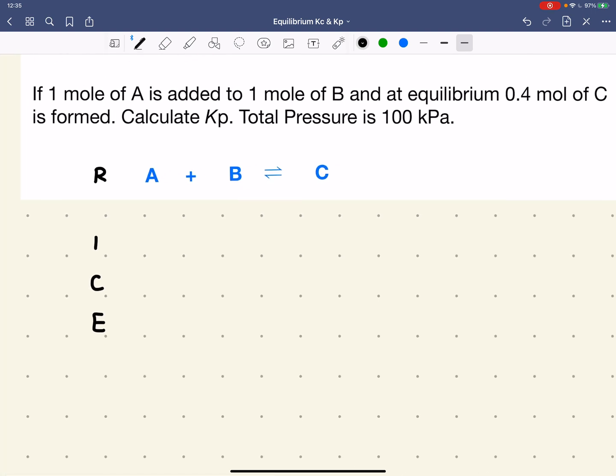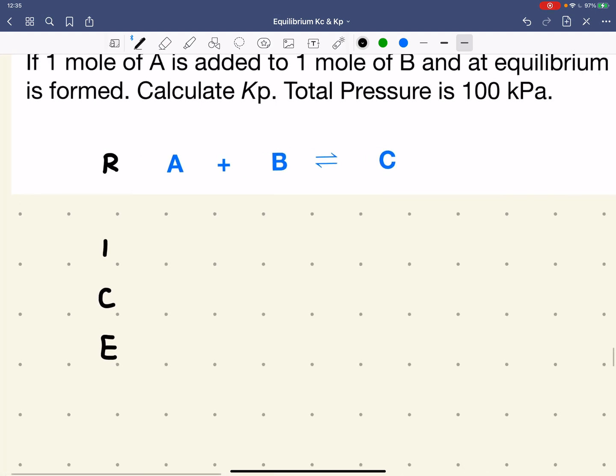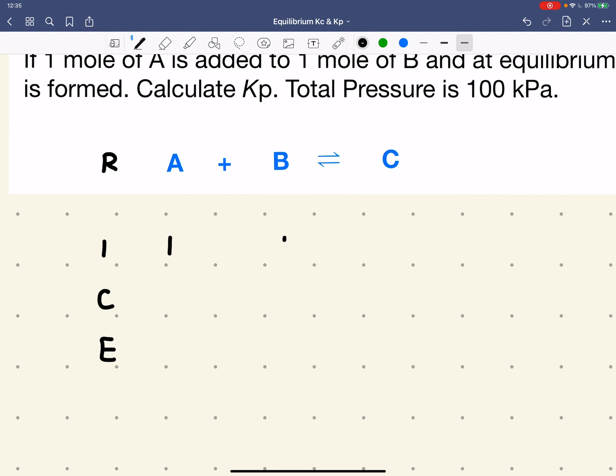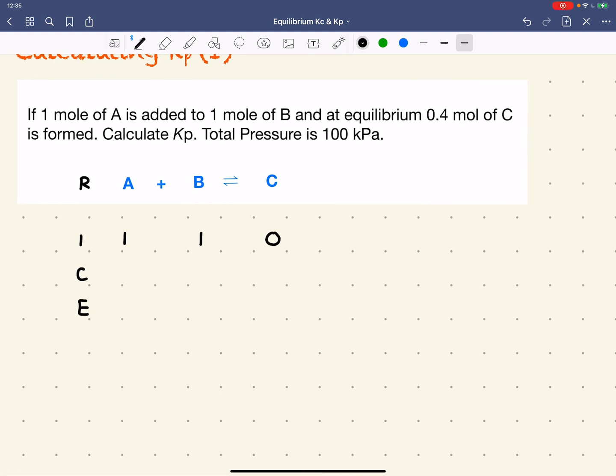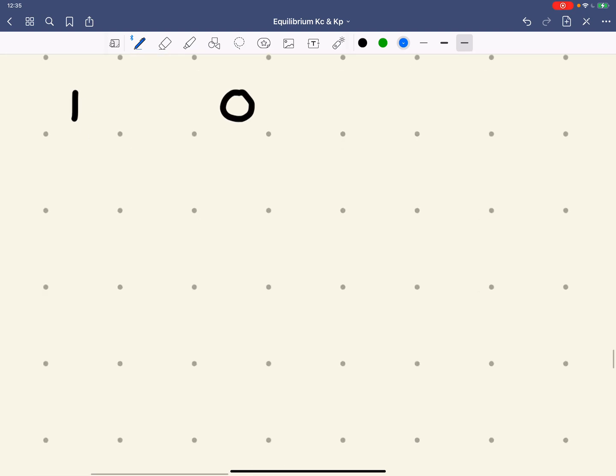calculations. The initial moles of A is 1, the initial moles of B is 1, and as always, if we're not told the moles of my products, we assume it's 0. It says at equilibrium 0.4 moles of C is formed.